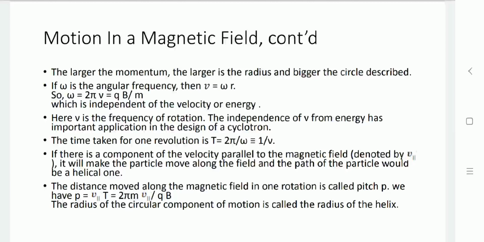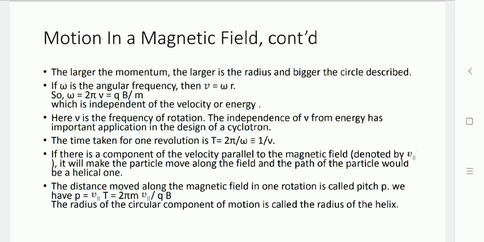Its angular velocity is defined as, for example, omega. Then velocity equals omega into r. But omega is generally 2 pi f, where f is the frequency. Instead of f, here it is noted as nu, v for the frequency.